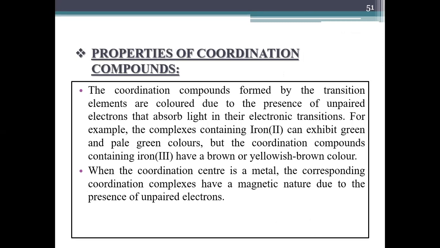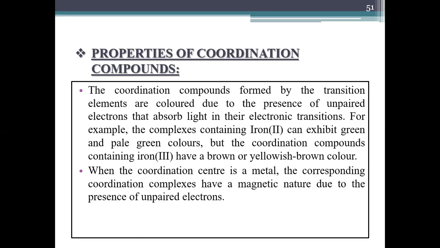Properties of coordination compounds. The coordination compounds formed by the transition elements are colored due to the presence of unpaired electrons that absorb light in their electronic transitions. For example, complexes containing iron 2+ can exhibit green and pale green colors, but coordination compounds containing iron 3+ have a brown or yellowish brown color.